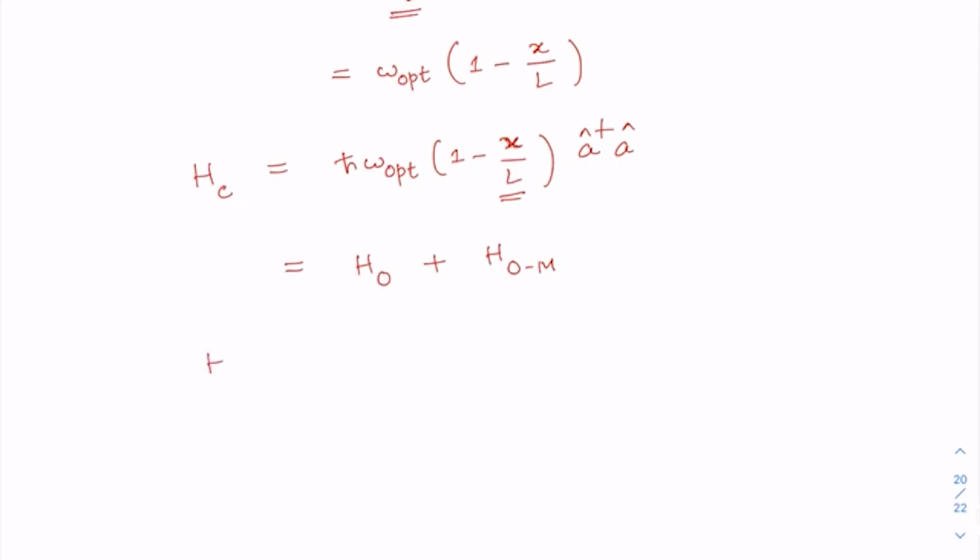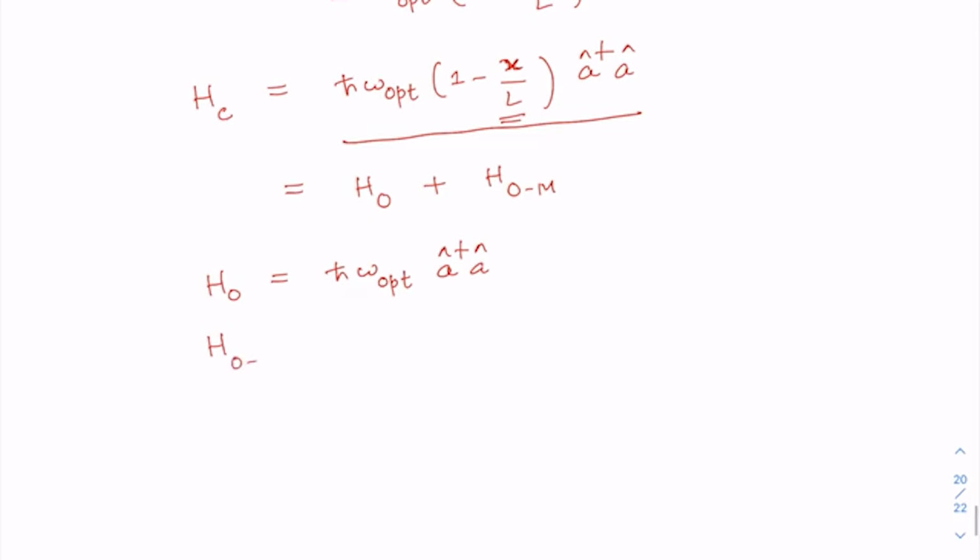So in fact, HO is, as you can see, you can read it from here, that from this expression it would be h cross omega opt a dagger a, and the interaction term would be minus h cross omega opt by l into x a dagger a.